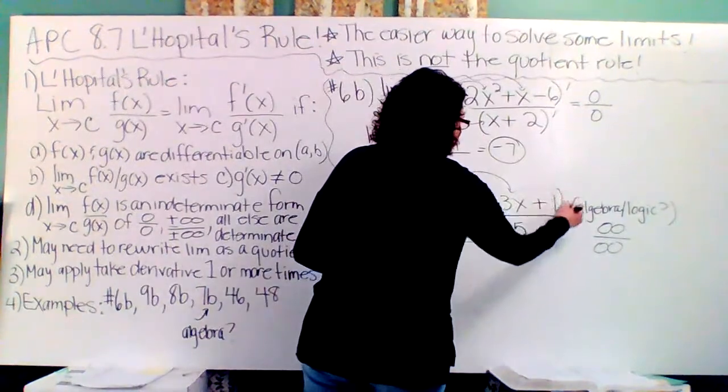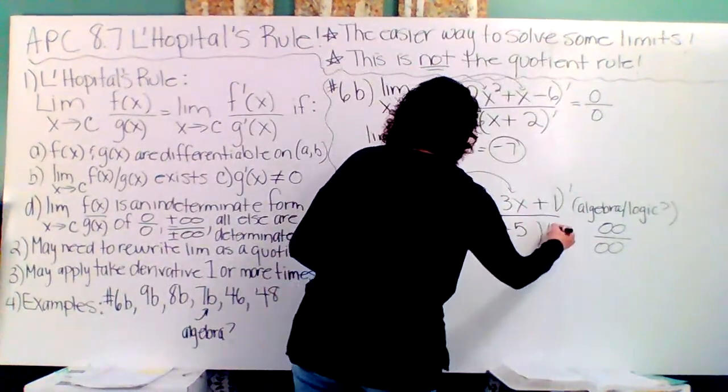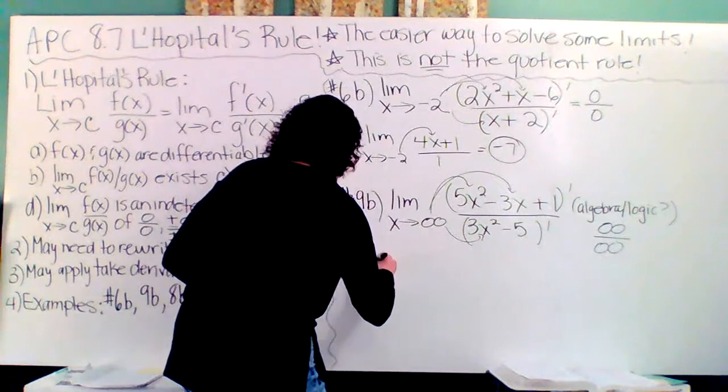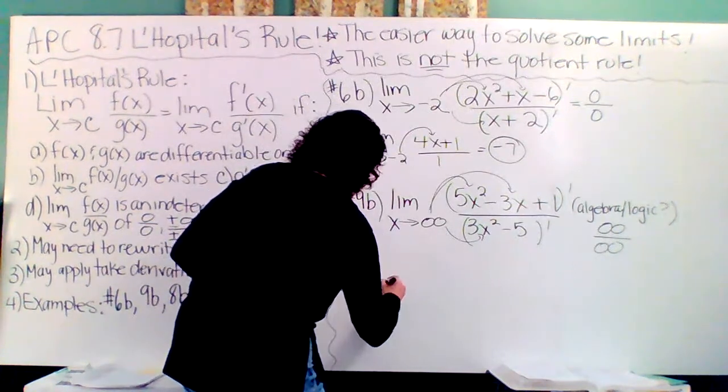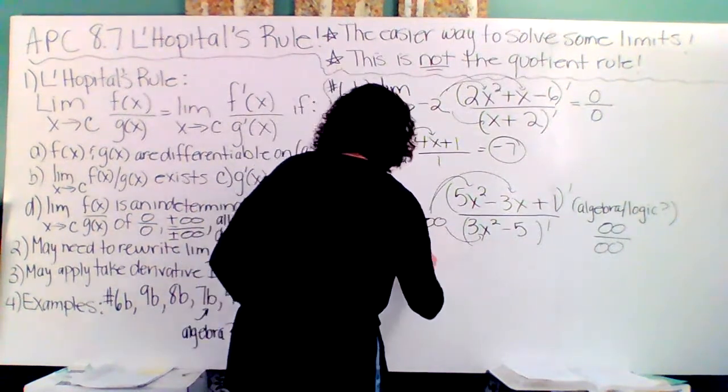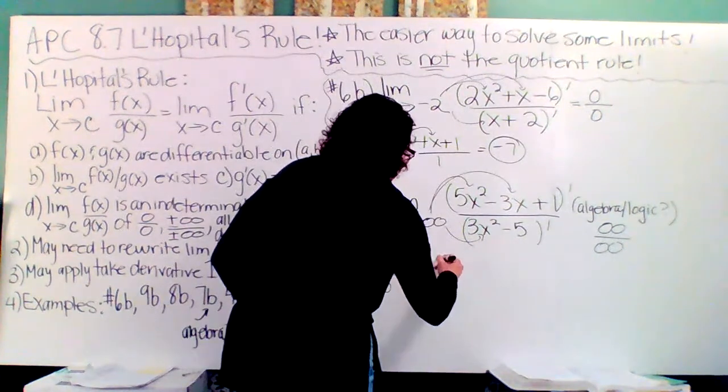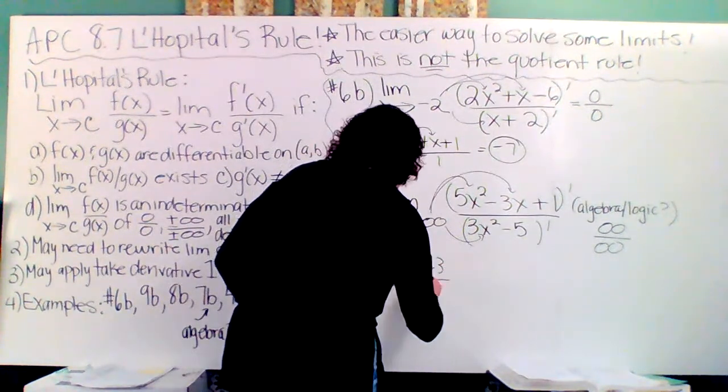Let's take the derivative of the numerator and the denominator, and it's the same limit as x approaches infinity of 10x minus 3 all over 6x.